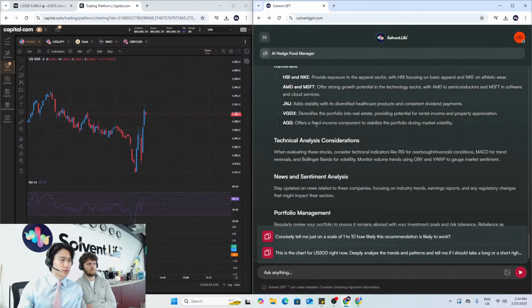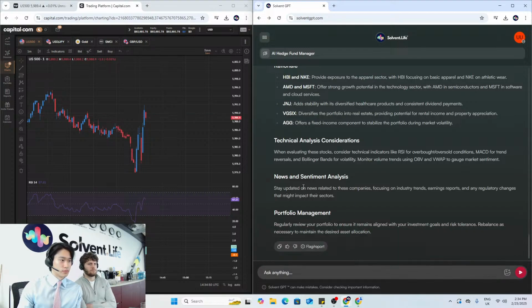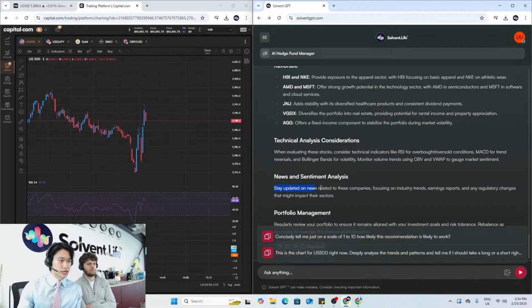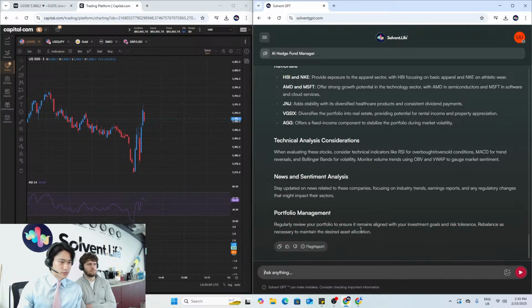And the rationale as well. Got technical analysis as to what indicators we should use when monitoring our investment, and then news and sentiment analysis. Stay updated with relevant news in companies, and then portfolio management. Rebalance as necessary to maintain the desired asset allocation.